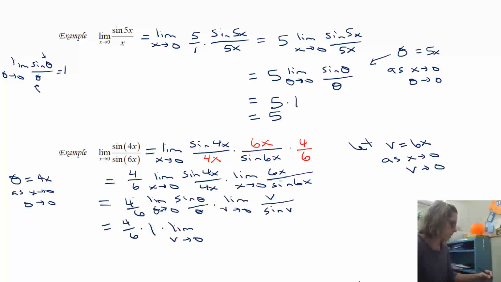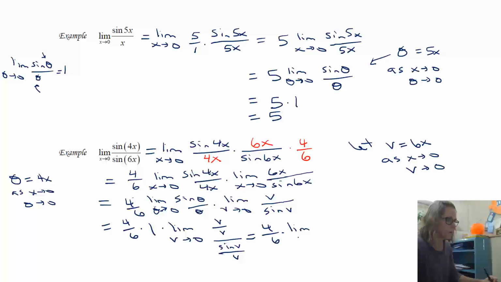So this is where it gets a little bit tricky. But what we can do is divide top and bottom by v. And then that's going to give us v over v, and then sine v over v. And you should notice that's what we want, the thing that's 1. So now we're looking at 4 over 6 times 1, but we already have that 1, the same thing is my point.